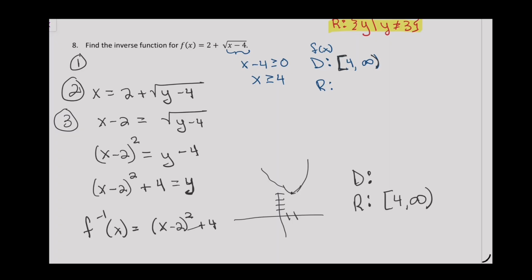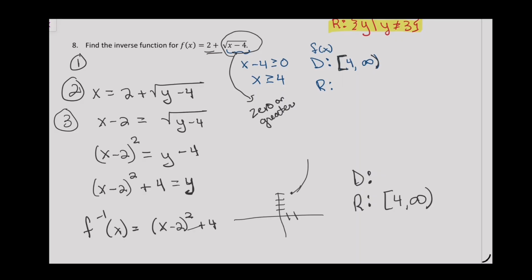Okay? So let's go up here to range again. I'm going to propose that this graph get altered and this part of it be gone. And here is why. Up here, since this is 0 or larger, then what do we know about 2 plus it?